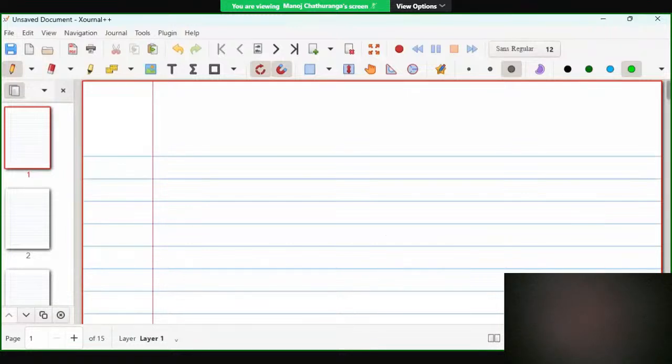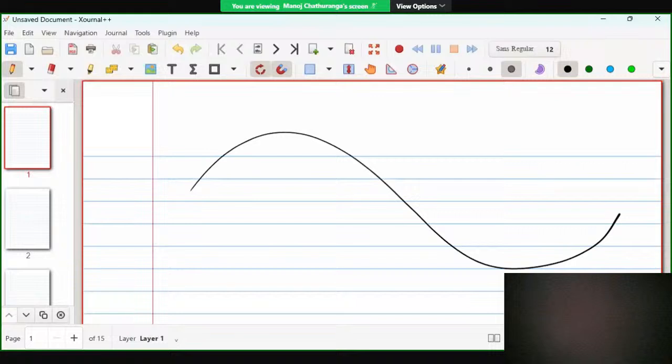Now, imagine a graph of a function. So at a point over here, the tangent line will look like this, and the slope of the tangent line is positive.